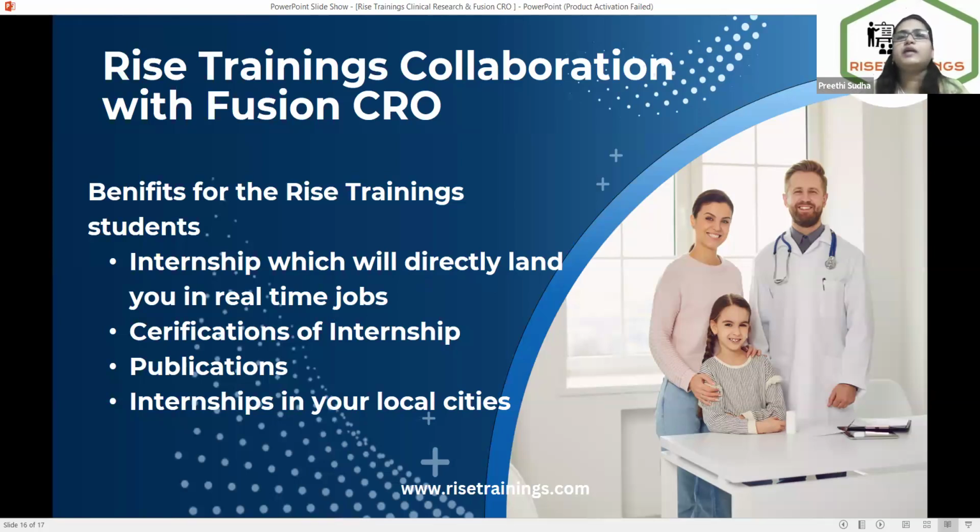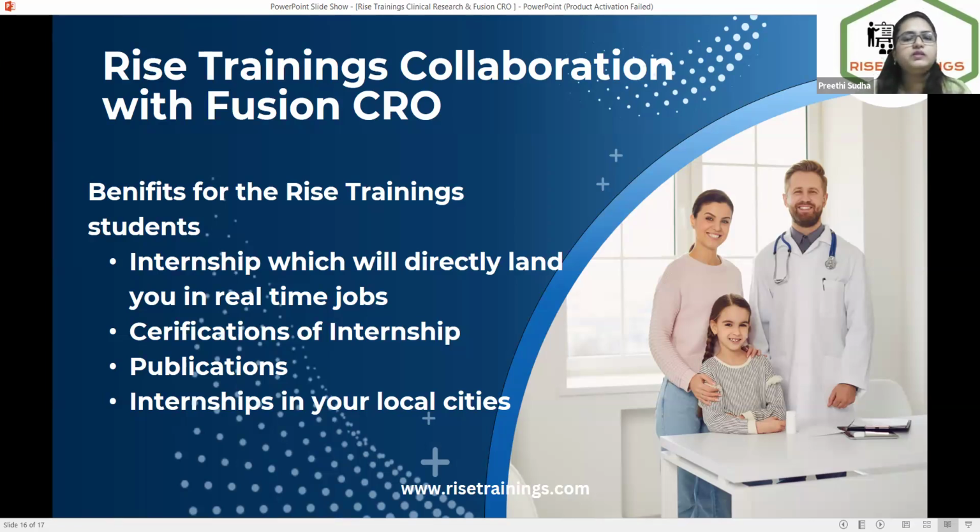After getting so many such requests, Risetrainings decided to go for this kind of collaboration, and we are very grateful that Fusion CRO accepted our request to take our Risetrainings students for an internship in their organization. The internship lasts for 1 month.